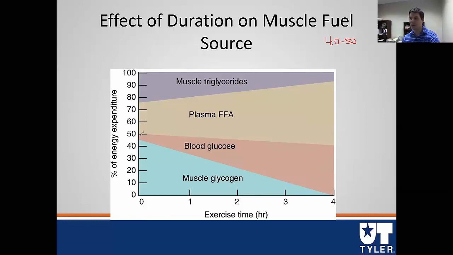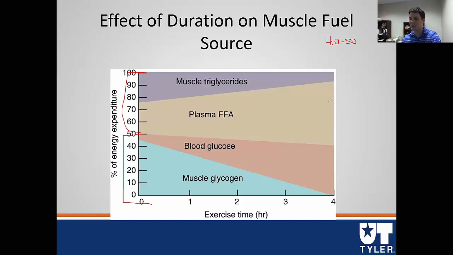So at the beginning, remember about 50% from carbs, 50% from fat. At the beginning, coming from a lot of intramuscular triglycerides, we will start to rely less and less on those as exercise goes on, and rely heavily on the recruitment of adipocytes, which is great.